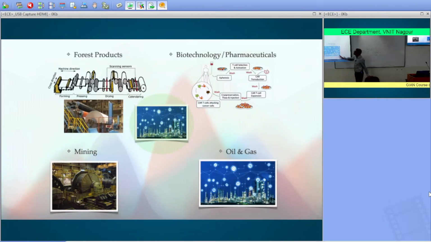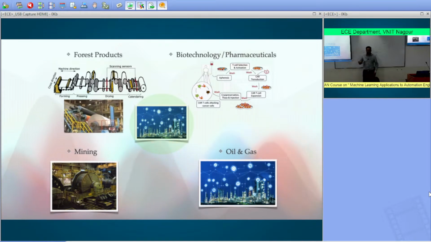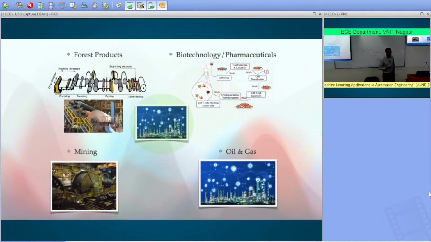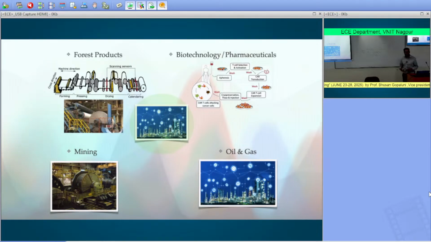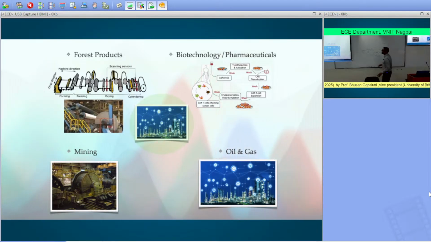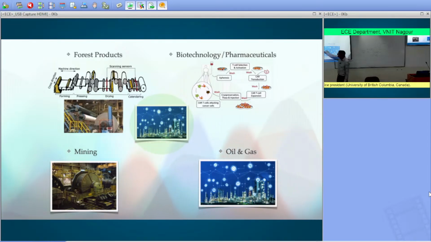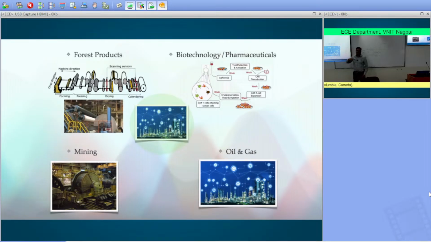For instance, what you see on the left-hand side is a paper machine in that video. Have you ever seen paper machines? Paper making is almost 2,000 years old. It was invented in China, I believe. This is the end of a paper machine. They make paper at speeds of 120 kilometers per hour.